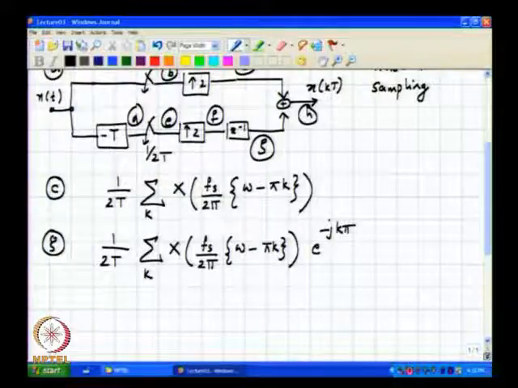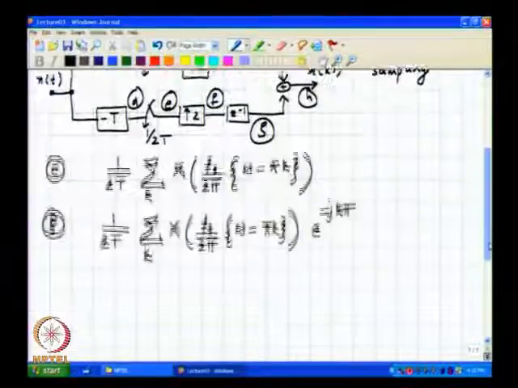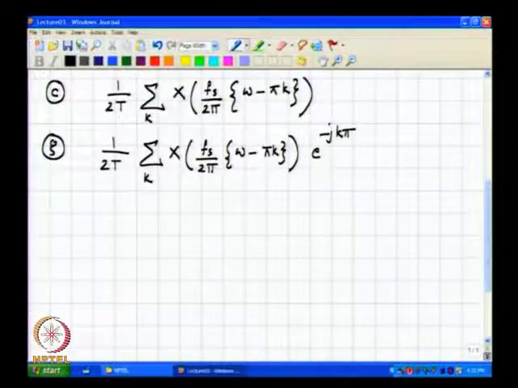Does it make sense? These are results that we derived the last time around. So now let's sketch these.